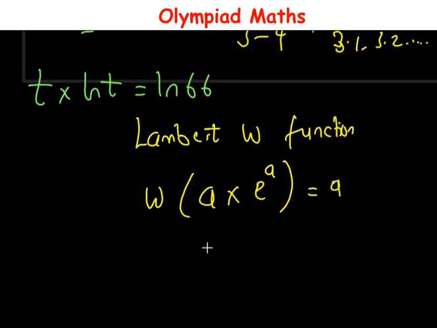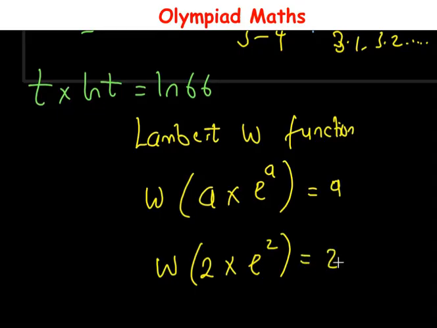Same thing also if you have, let's say, the number 2 times e raised to power 2. By the time you apply the Lambert W function to this, what you get is 2. So we are going to manipulate this to resemble an expression of this format.